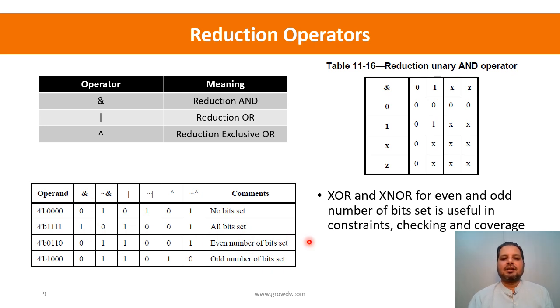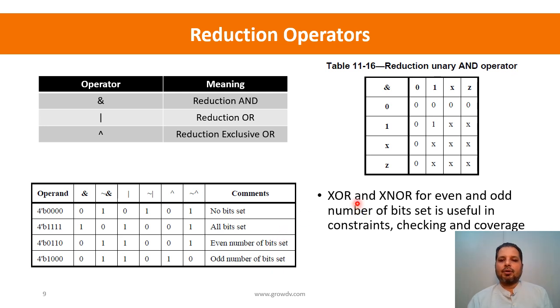Then if the even bits are set, here I think the NAND is also giving a result of 1, but to specifically detect it, you have to use the XNOR, and for odd bits set you have to use the XOR. So this even and odd bits set check is something that you can rely on XOR and XNOR for. Even with XNOR and odd with XOR. This is also sometimes useful even during the problem solving session.